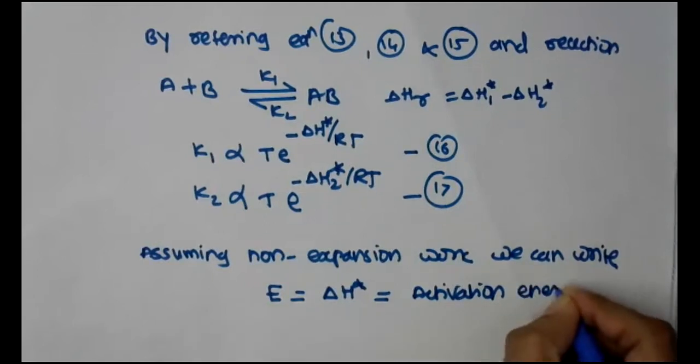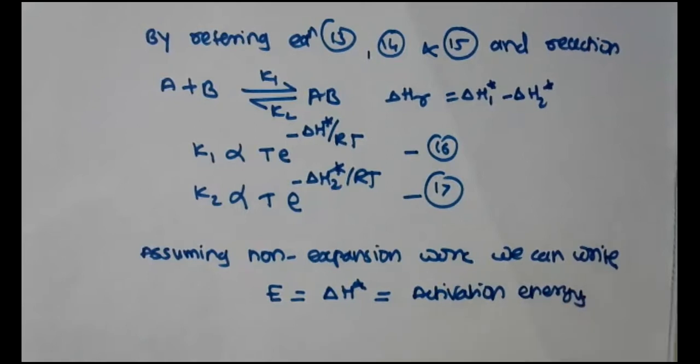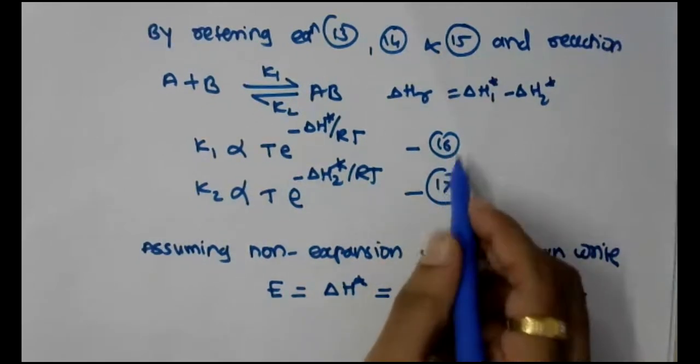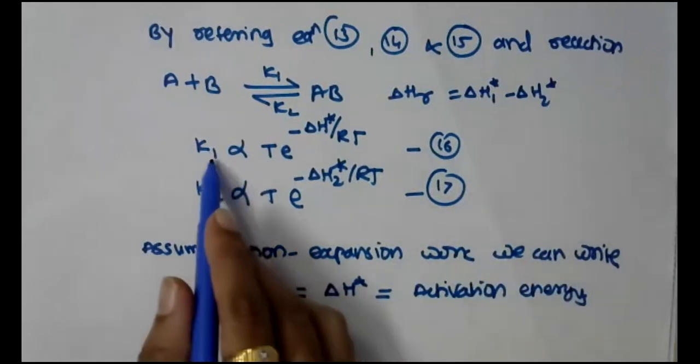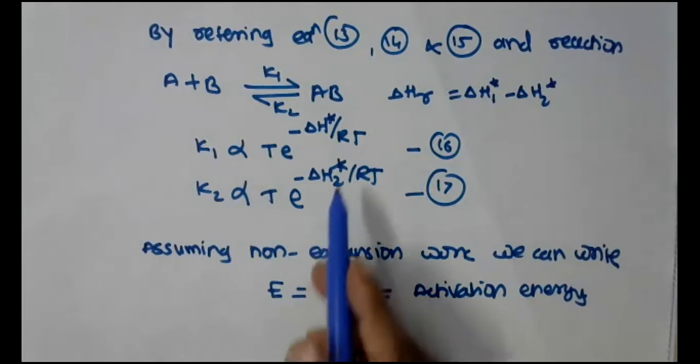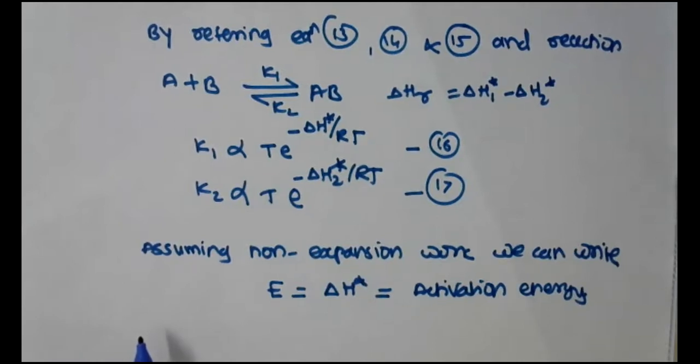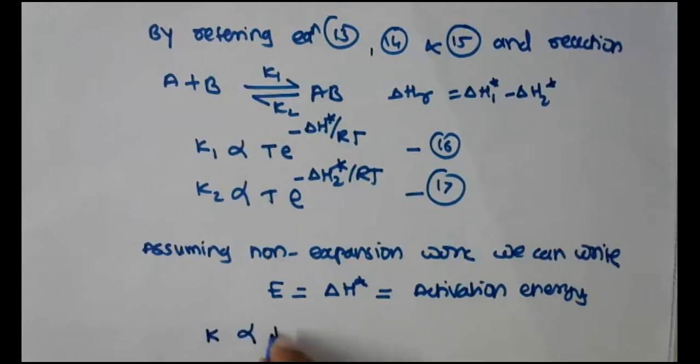So that is equal to activation energy. And if that is the case, then finally I can rewrite the expression of the rate constant from equations 16 and 17, dropping the subscripts K1 and K2 and considering delta H, that is enthalpy change, is nothing but the activation energy required for that particular state. I can write K is directly proportional to T e raised to minus E upon RT.